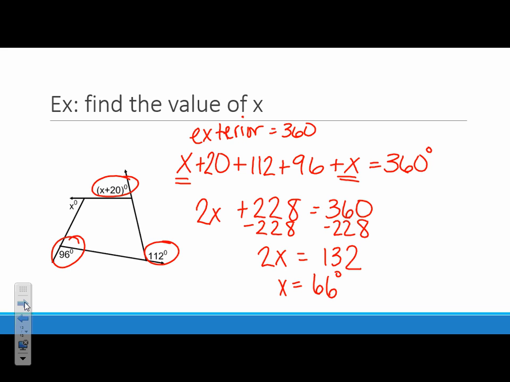So x equals 66 degrees. Very nice. Does that mean that each angle up here is 66 degrees? 66 is right here. And if I plugged in the 66 right here, that would tell me that I actually have an 86-degree angle out there. So exterior angles will always have that 360-degree total.